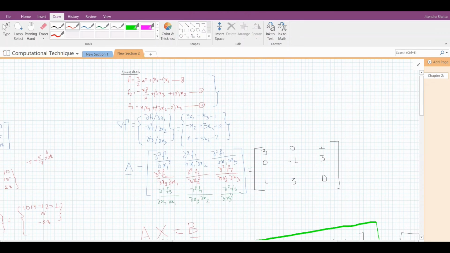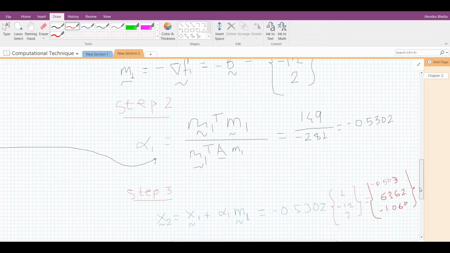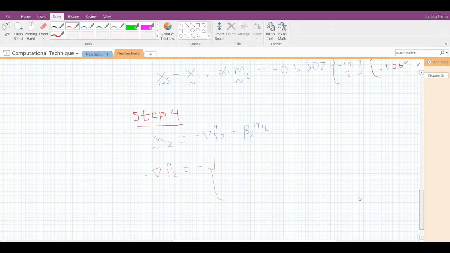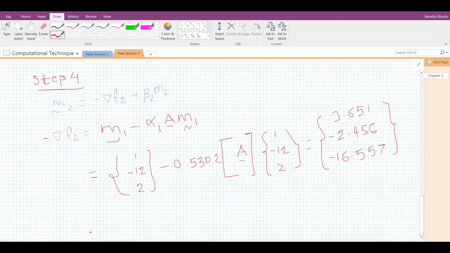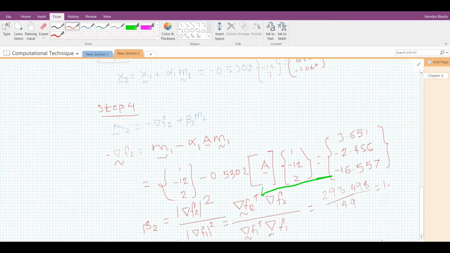If you are not given these equations here, the equation to find your gradient will be equal to, then you have to find your beta 2 which will be equal to 1.97.